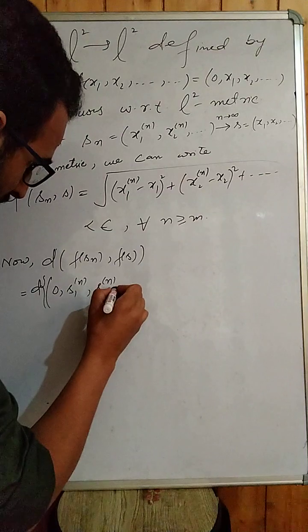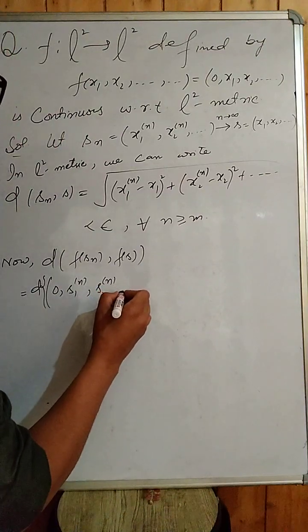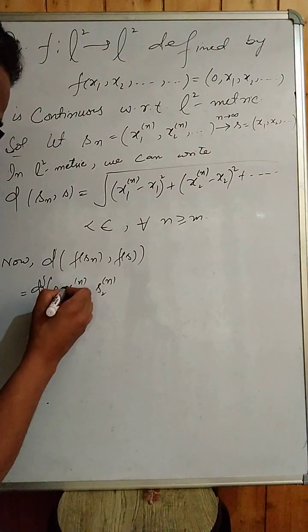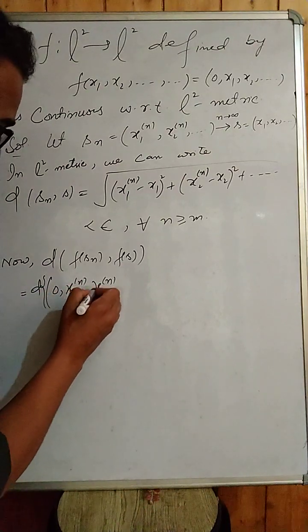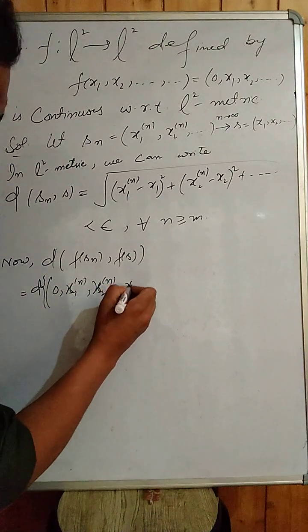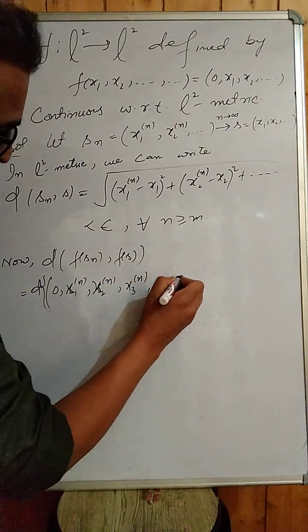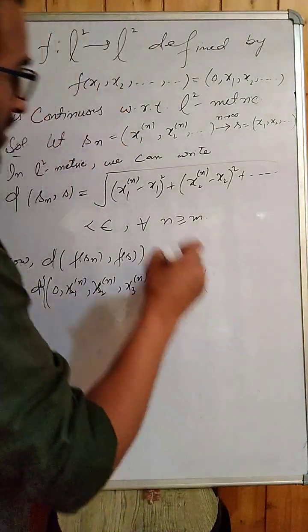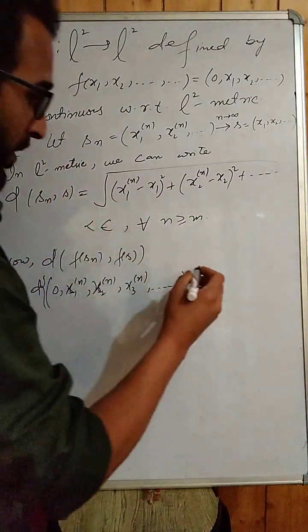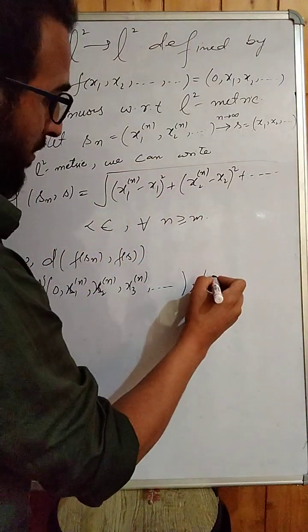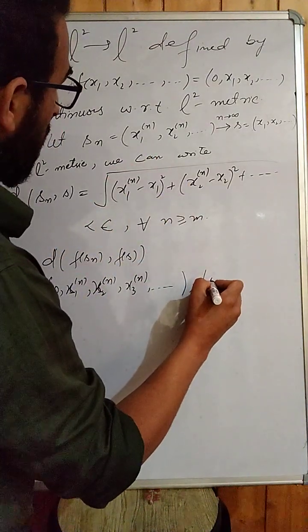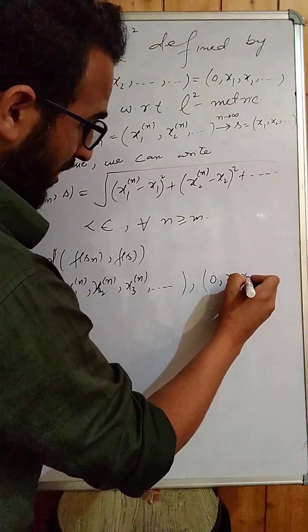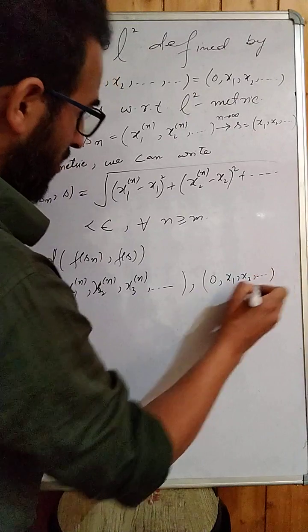So f of Sn is (0, x1n, x2n, x3n, and so on), and the distance is between this vector and f of S. f of S is (0, x1, x2, and so on).